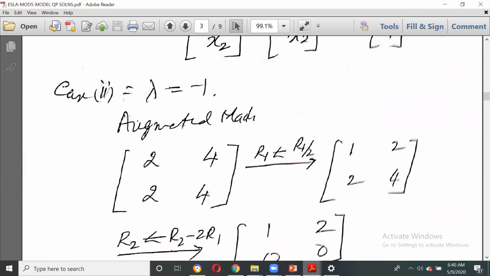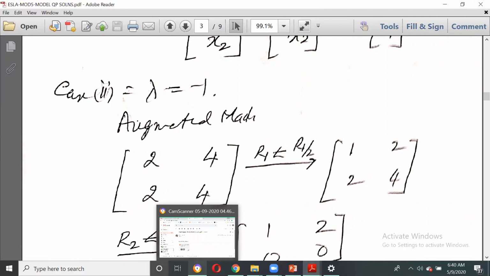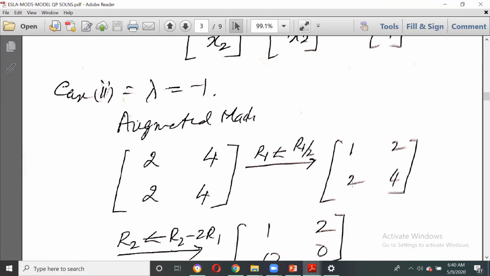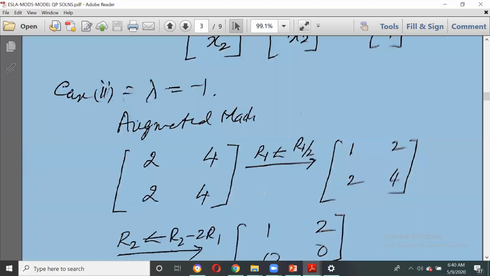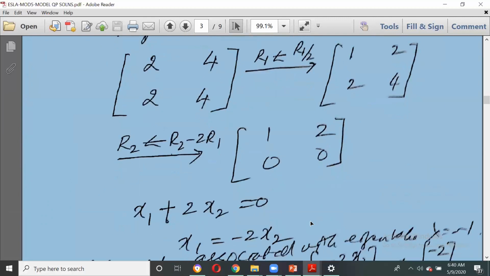Similarly, case 2, lambda equal to minus 1. So that will give you 2, 4, 2, 4. So you can divide this first row by 2, we'll get 1, 2. And then to make this 2 as 0, we need to write R2 minus 2R1 goes into R2. So therefore, we'll get 1, 2 here as it is, and this will become 0, 0.